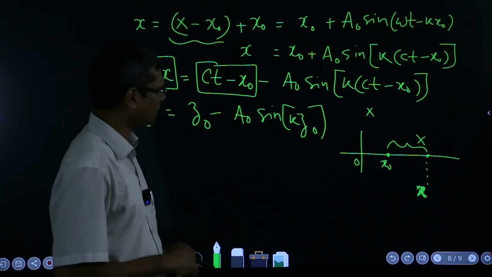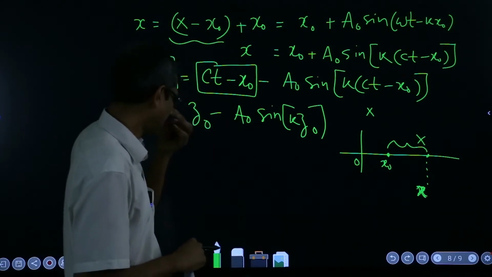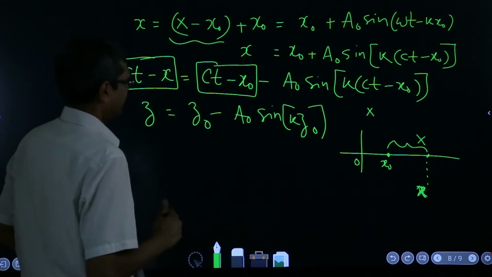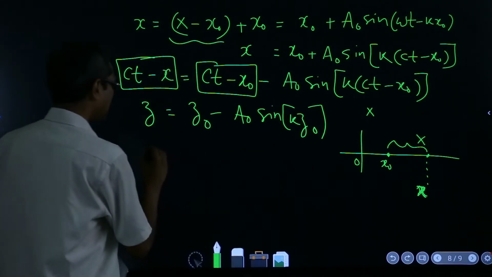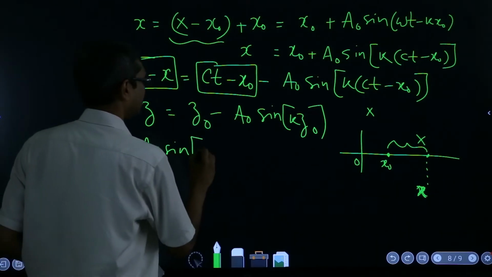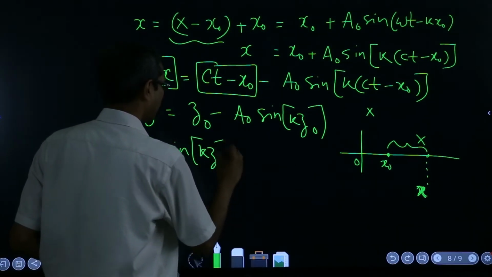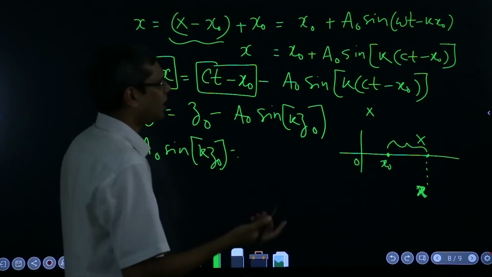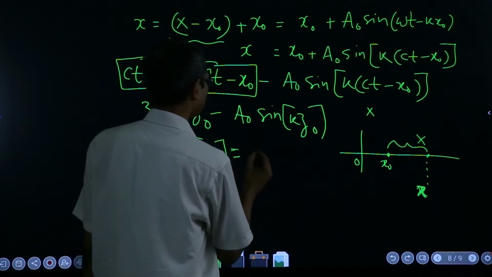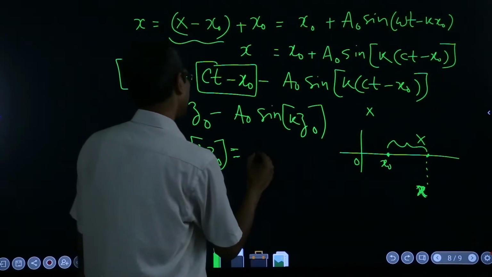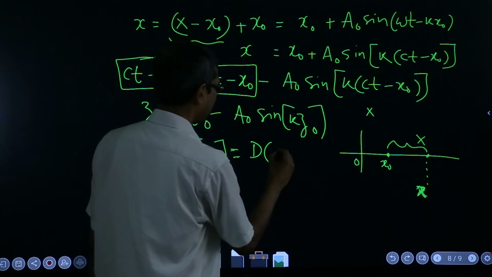So what you can do is, let us suppose a naught sine k z naught is a function of z naught. Assume that the other function which you will come up with will be a function of z. Let that be, say, d(z).